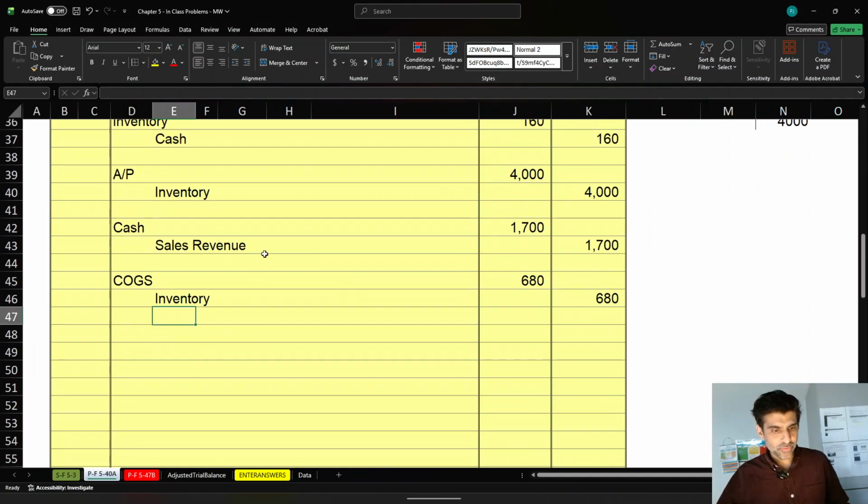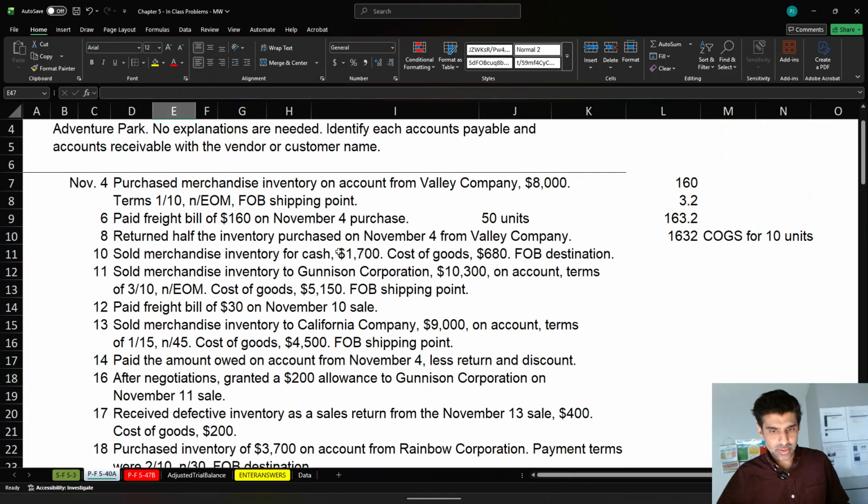Okay, so we left off at, I think, November 11th. So this is another sales transaction. Sold merchandise inventory to this corporation on account. Here's our revenue, 10,300, and our cost of goods sold is 5,150. It's giving us all these credit terms because we sold it on account.